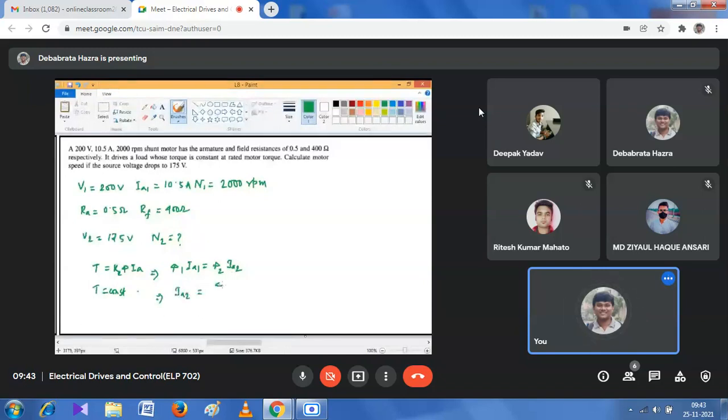Ia2 is phi1 Ia1 by phi2. So what is the value of phi1 and phi2?